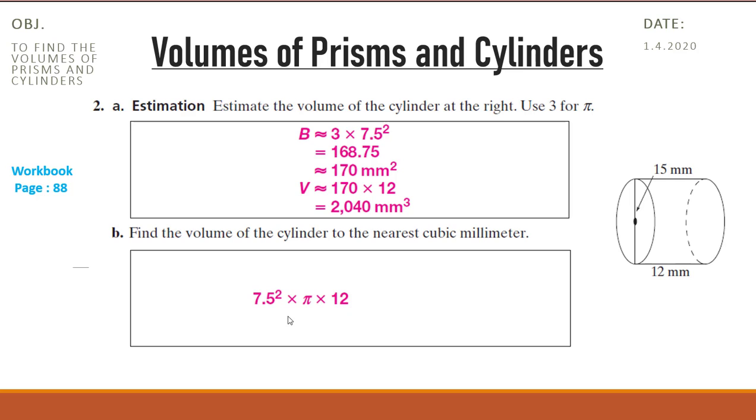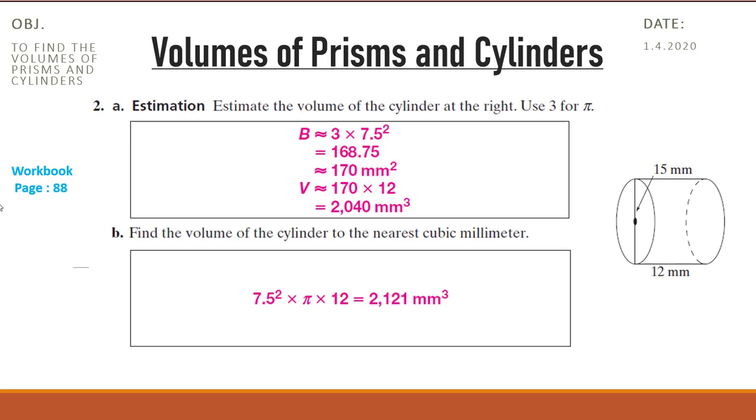So I can write this all as one rule: base area, which is pi r squared, multiplied by height. Just use the calculator, and the answer will be 2121. Okay? And Abdullah, make sure that you used 7.5 squared.